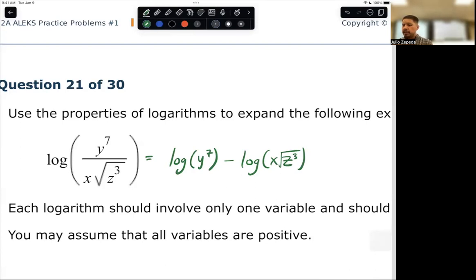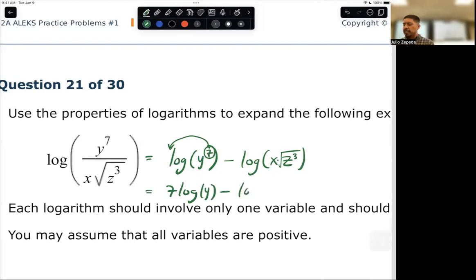And then you start to notice, wasn't there a property that allowed us to bring exponents out to the front? Yeah. So we're going to bring that exponent out to the front. We don't want any radicals, so that square root, we can write it as an exponent of 1/2, right? And so we can write this as 7 log of y minus, and here I'm going to split this up because this is x times z to the 3/2.